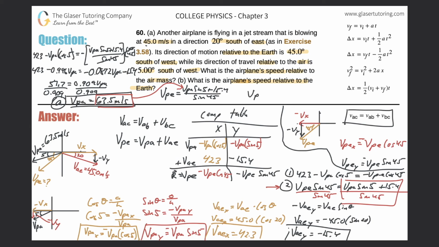So VPE now should be 63.5 times the sine of 5 plus 15.4, and then that is all divided by sine of 45. There it is. 29.6 meters per second. And now I know this one right over here, so I'm going to plug it on in. So this is just going to be 29.6 meters per second.